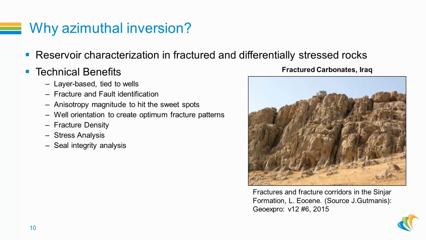You can better orient your wells based on the orientation of the anisotropy, and in that way, with fracking, create optimum fracture patterns. You can measure or estimate the fracture density. You can do stress analysis. And last but not least, you can look at the seal integrity of your reservoir in case you want to be fracking.